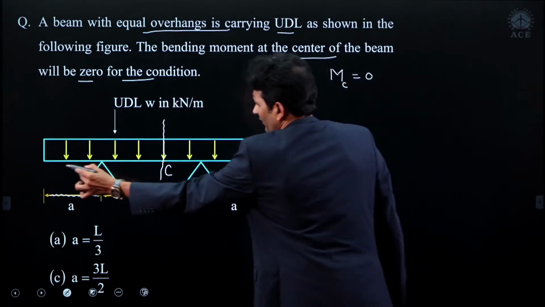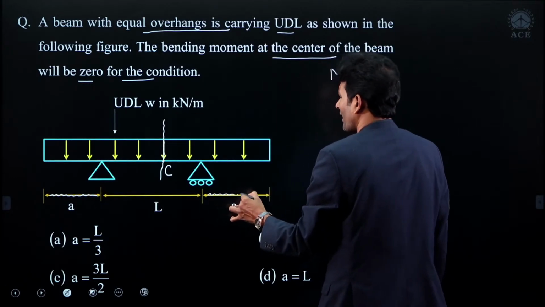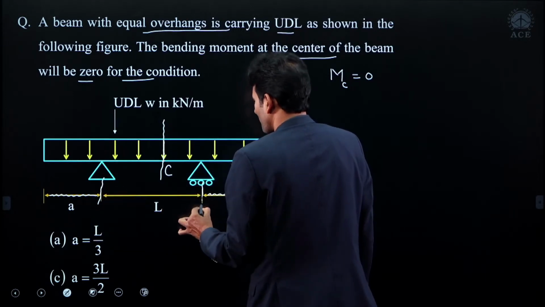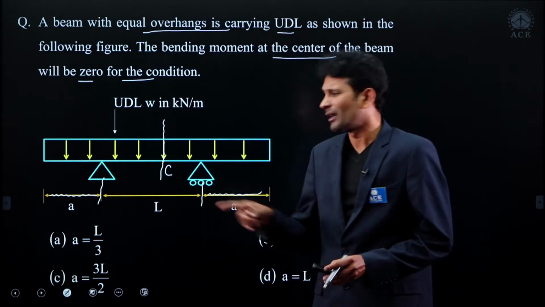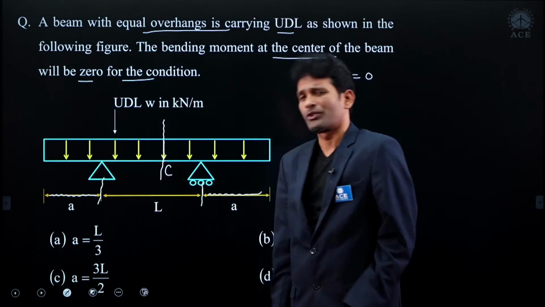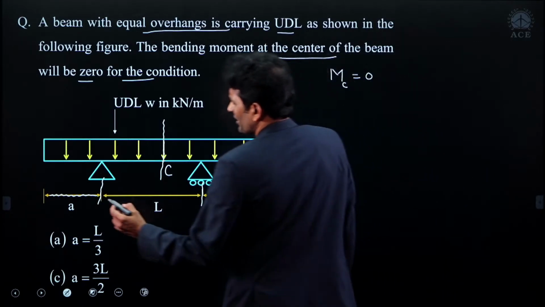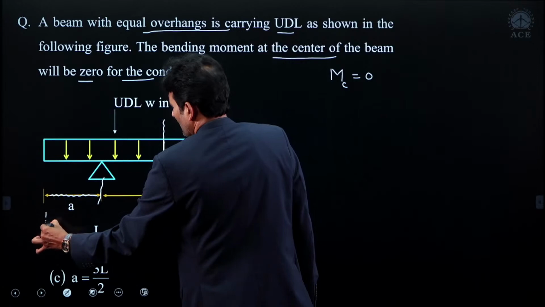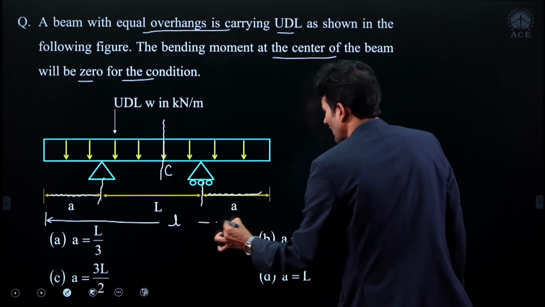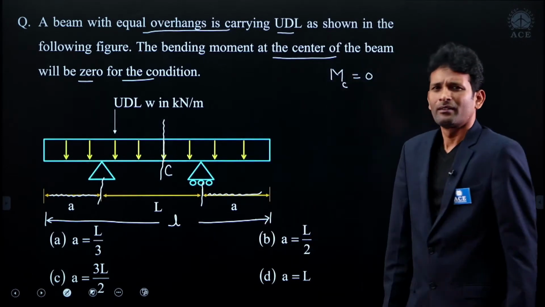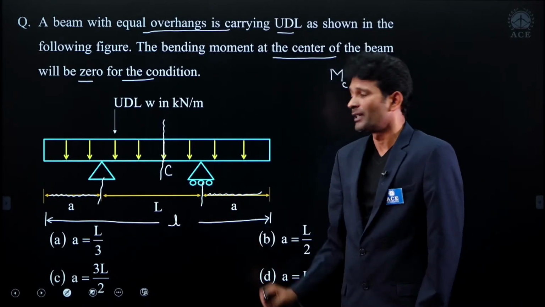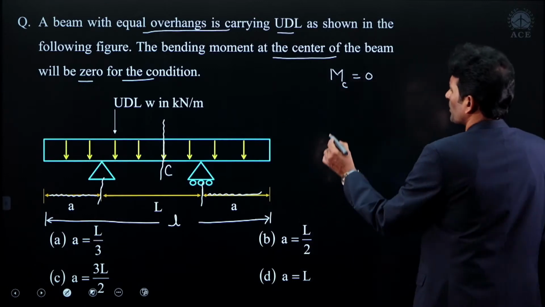This is the overhang left hand side, this is the overhang right hand side. The length between these two supports, if we take, he has given here as capital L. Capital L is not the total length of the beam. Capital L is the span between the two supports. For example, I am treating this as the total length of the beam, small l. Small l is the total length of the beam. Those special cases we are taking in terms of the total length of the beam. That is why I am treating it as small l.